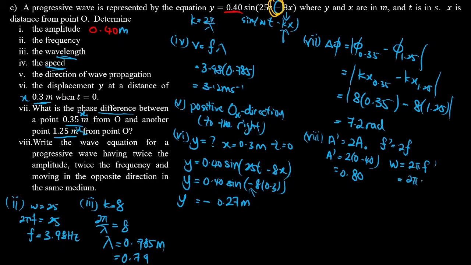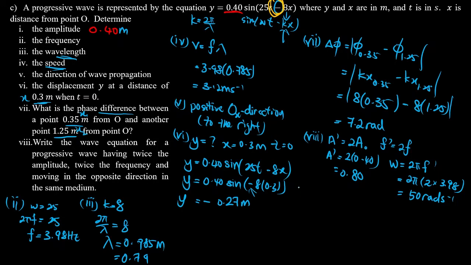So 2 pi times 2f, where f is 3.98, the original f which you got in your second part. So you will get the new omega as 50 radian per second.